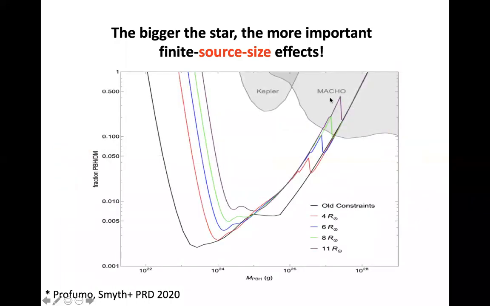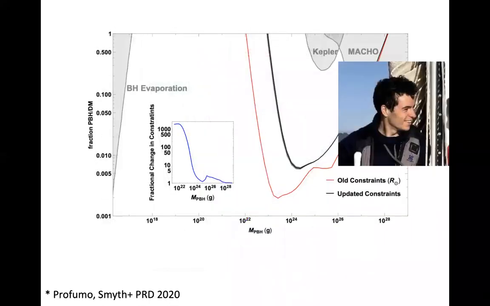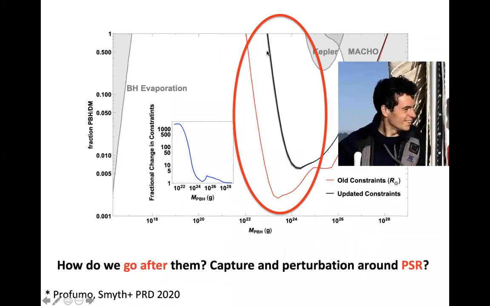And what that means is that you move the constraints from what was calculated by the HSC collaboration folks down to much smaller mass scales. And that is the gist of our result, which has now freed up a huge swath of parameter space where primordial black holes can be the dark matter.